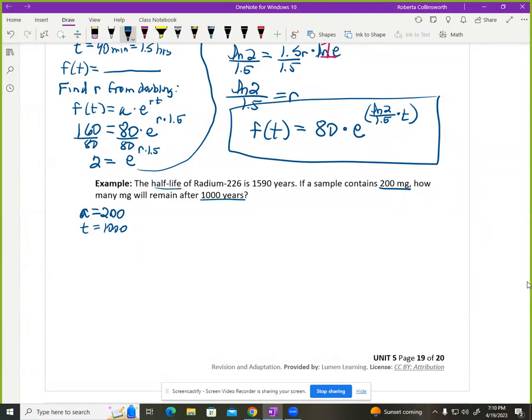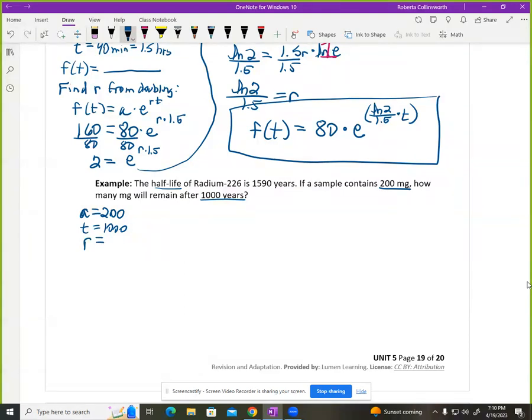And this is saying that the half-life of radium is 1,590 years. That means that whatever was in here to start with, after 1,590 years, there's going to be half that amount. That's what that means. So I don't know what R is.